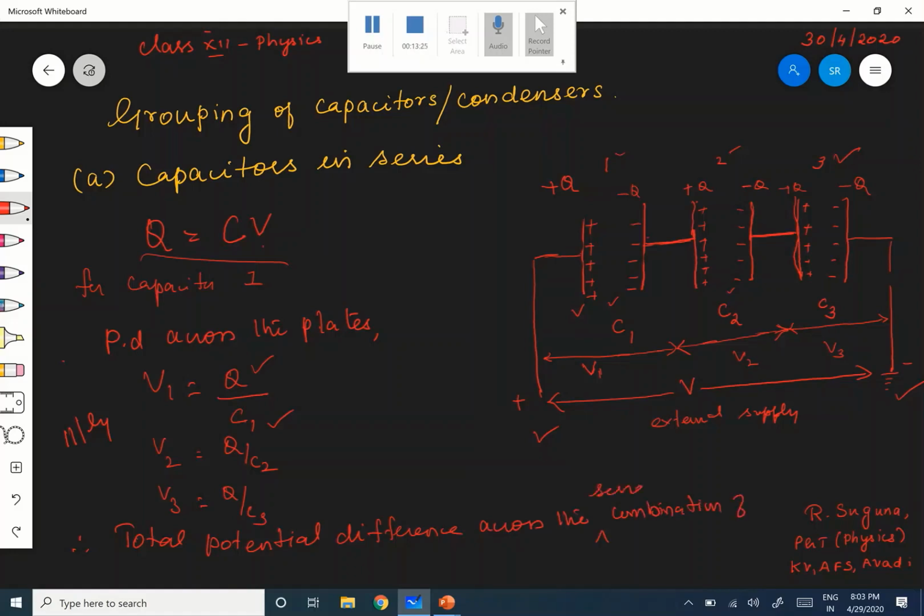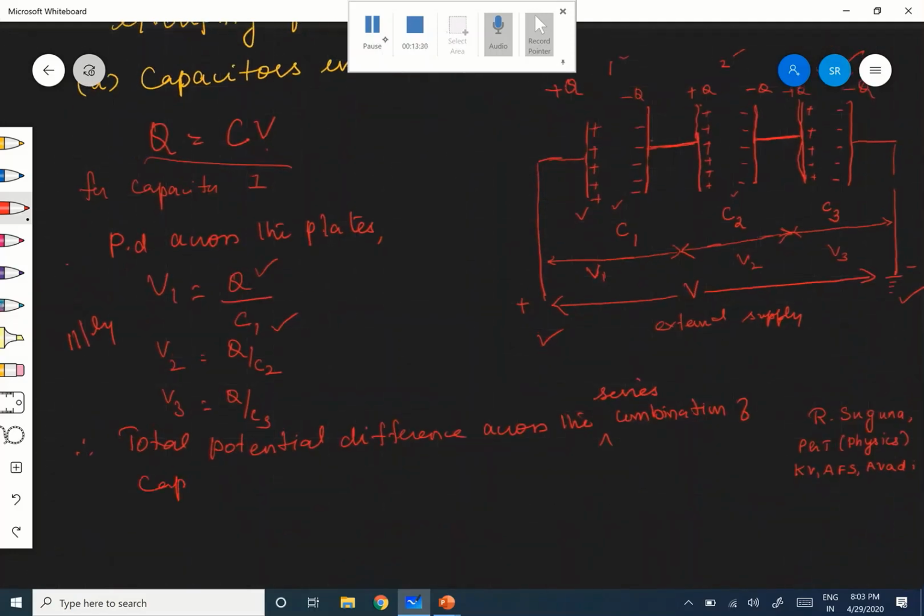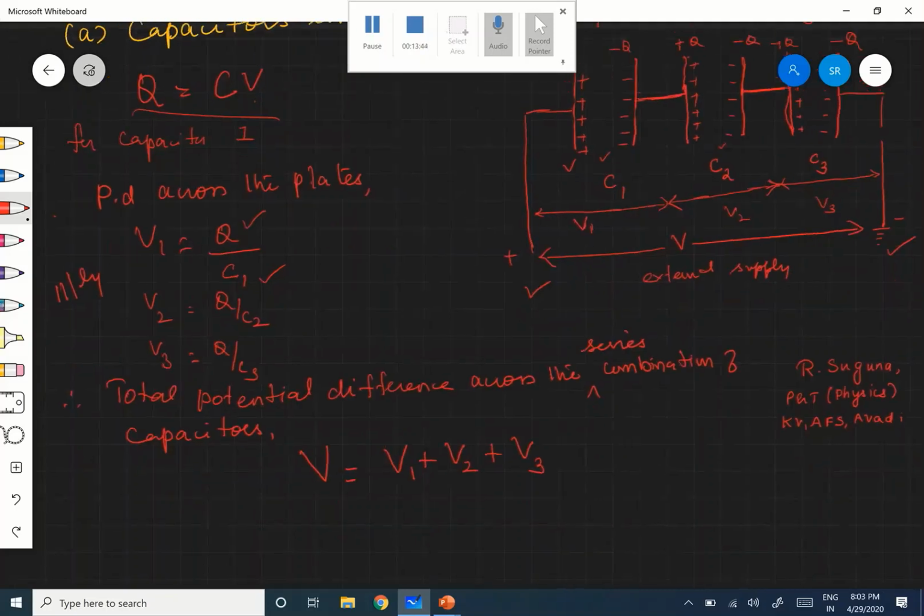The series combination of capacitors, is V, that is equal to V1 plus V2 plus V3, correct? Are you following? Therefore, what is V? V is the total potential drop across all the capacitors.